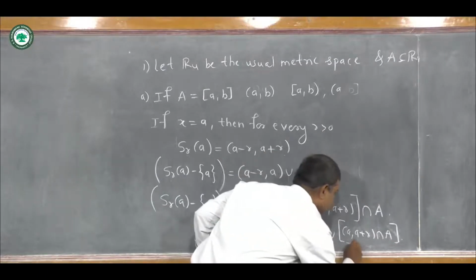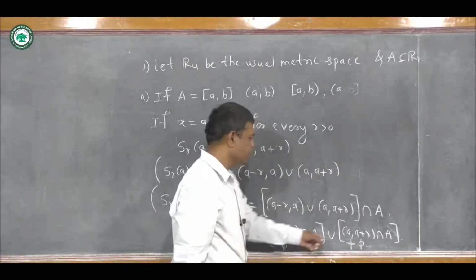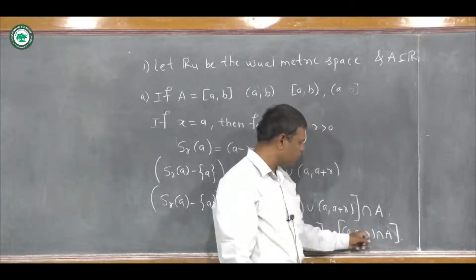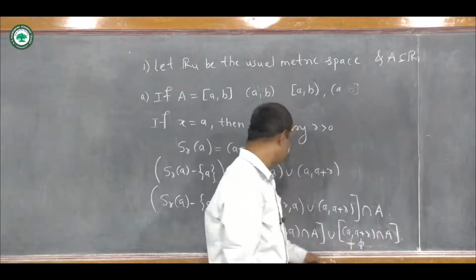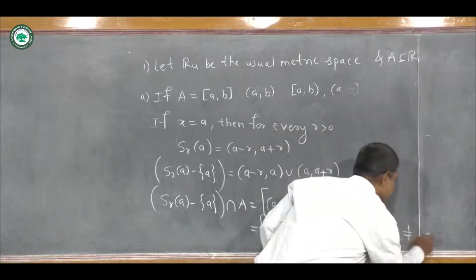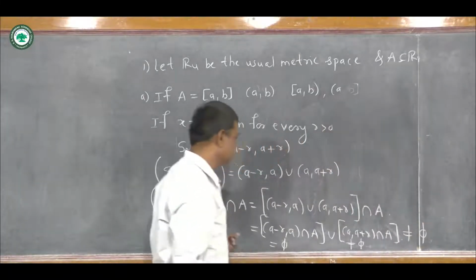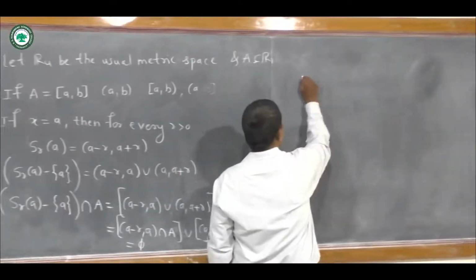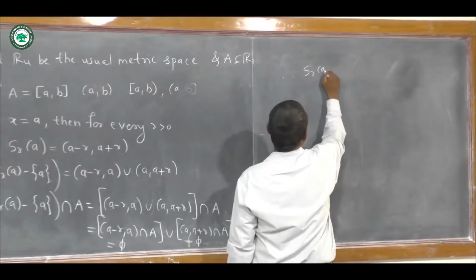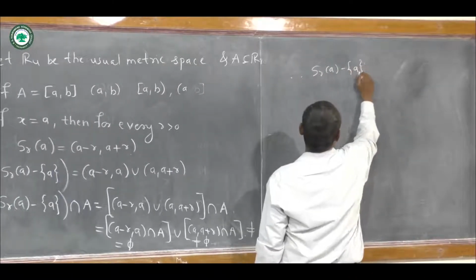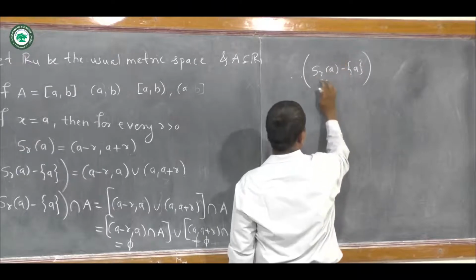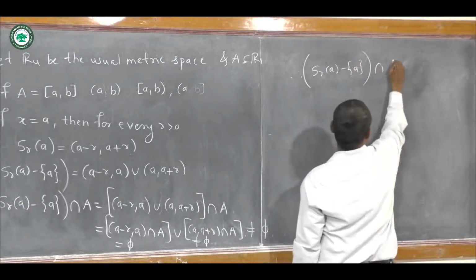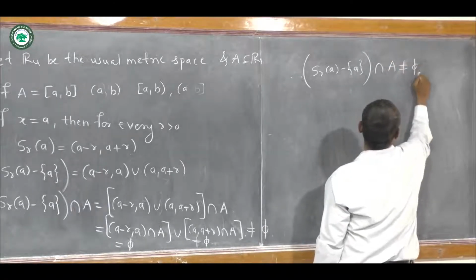But the open interval a to a plus r, intersected with the set A, is always non-empty. So the intersection of S_r(a) minus the singleton {a} with A is always non-empty.